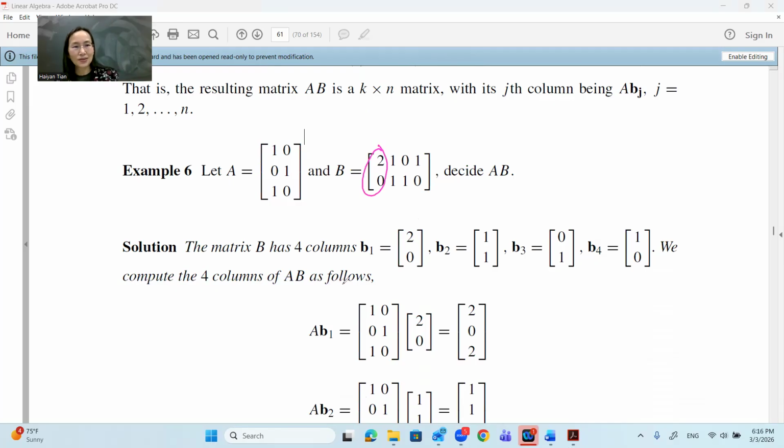So that's totally fine, right? You see 2 entries here and 2 columns in A. So this is a linear combination of the columns of A. So we can immediately multiply, because we know it's 2 times the first column, right?